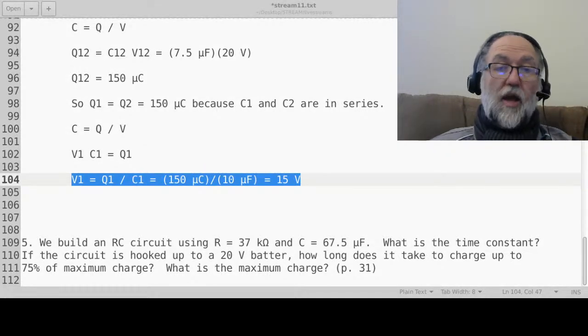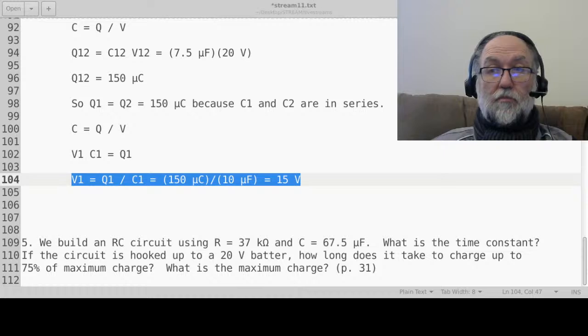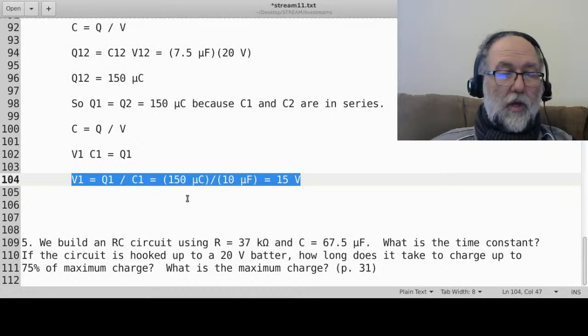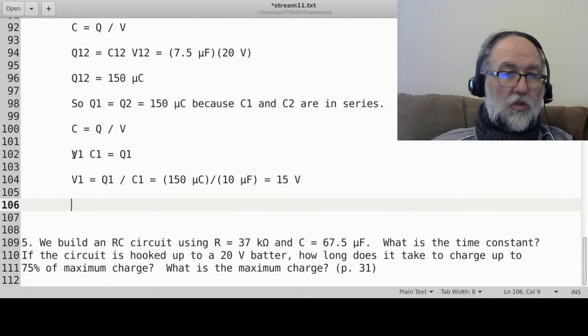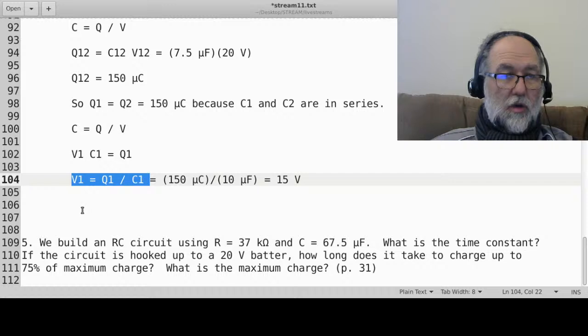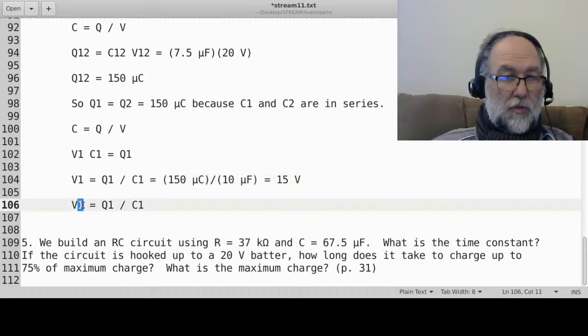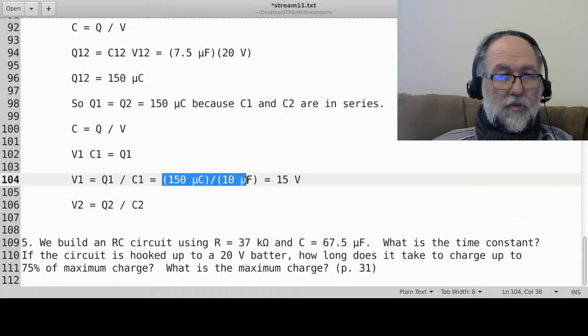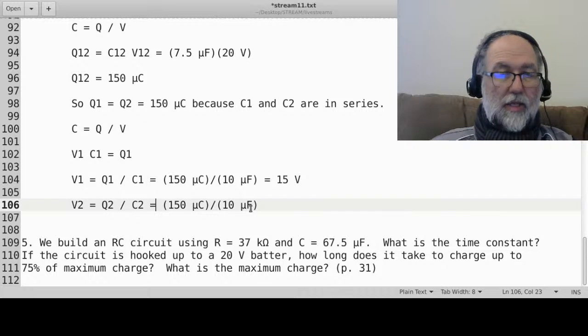150 microcoulomb charge, 15 volts potential drop. Okay, so now what? Well, we'll do the same thing for C2. Instead of subscript 1, we'll have subscript 2 there. And almost the same numbers here, I should say, except that now C2 is 30 microfarads, and 30 microfarads doing the same thing will give you 5 volts.